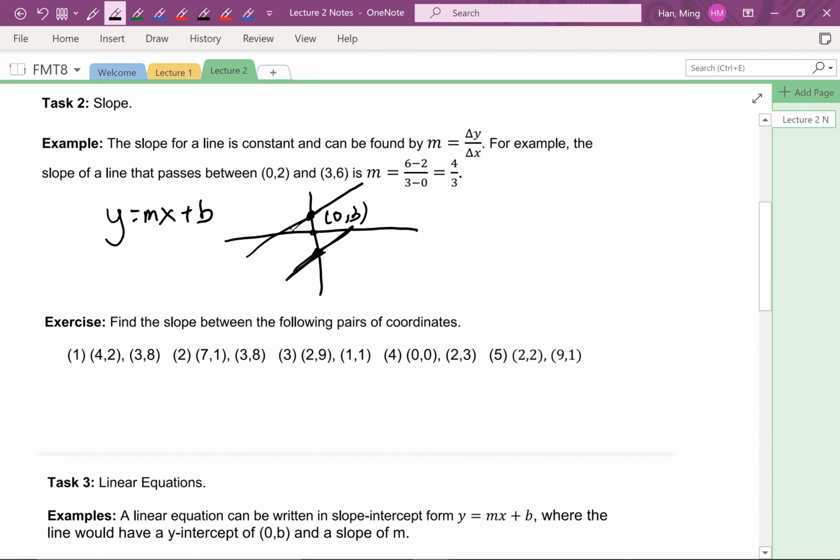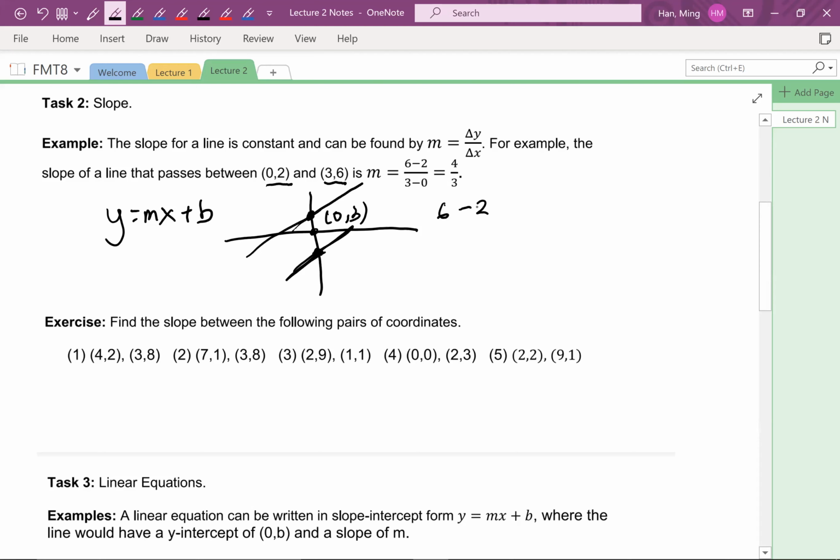Okay, so to find the slope of this line, since now 0, 0 isn't a point on the line, we would still use 2 points. Like this example we have has the point 0, 2 and 3, 6. So we can still use 2 different points to find the slope of the line. So how we do that is we take the difference of the y values.